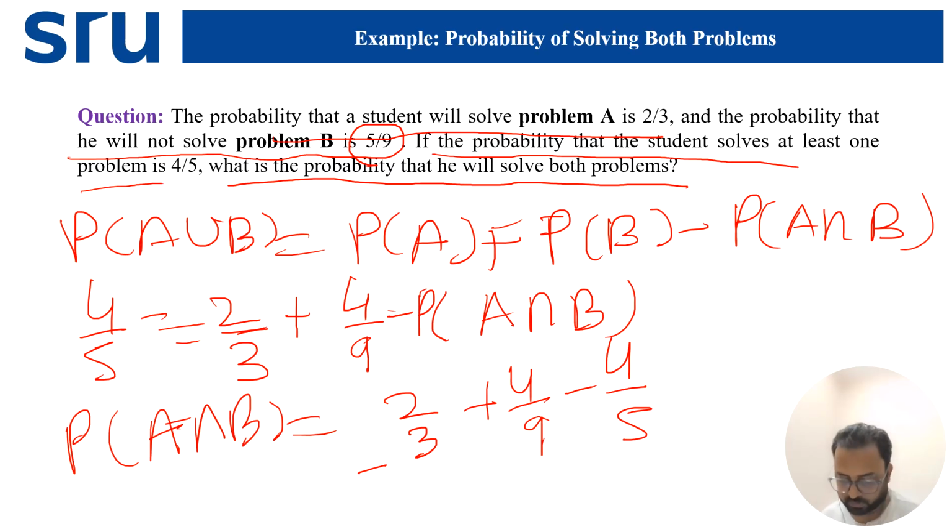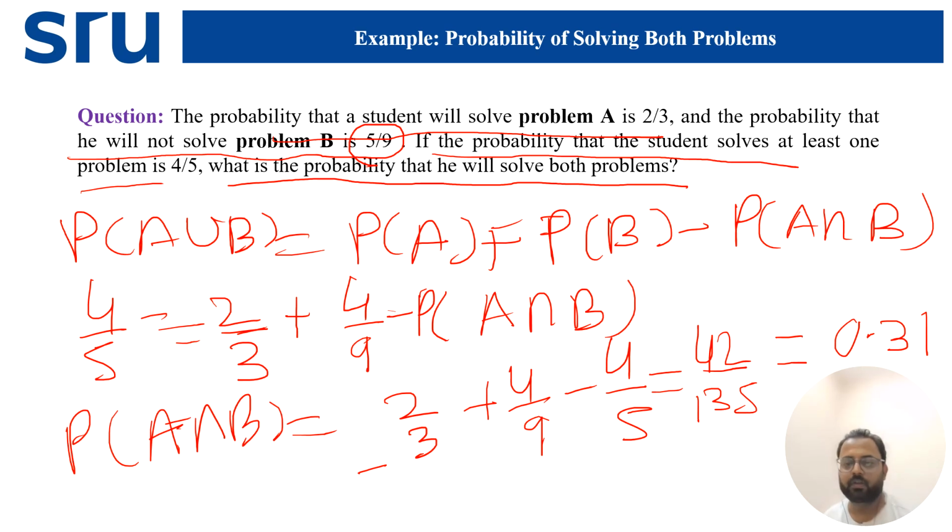By simplifying, we get 42 by 135, which is equal to 0.31. So this is the probability of solving both problems, problem A and problem B.